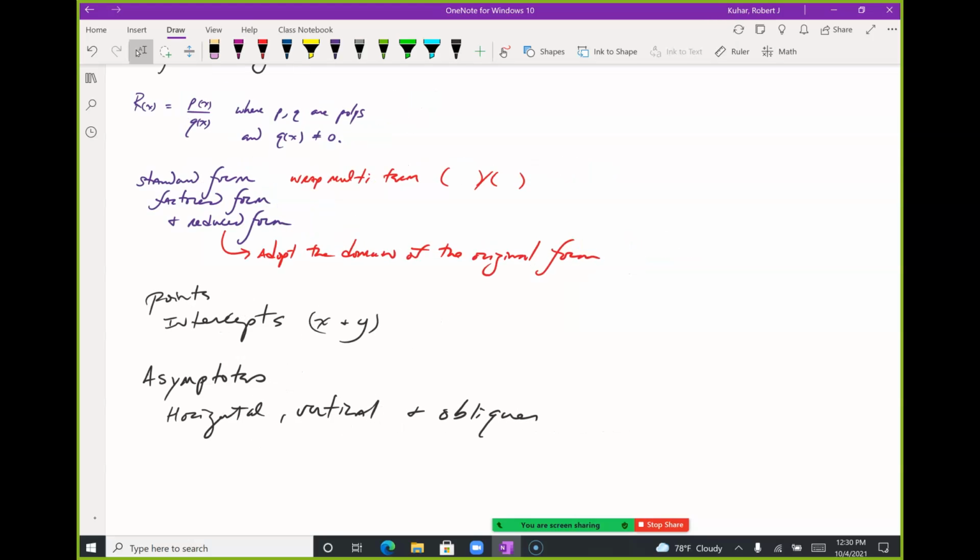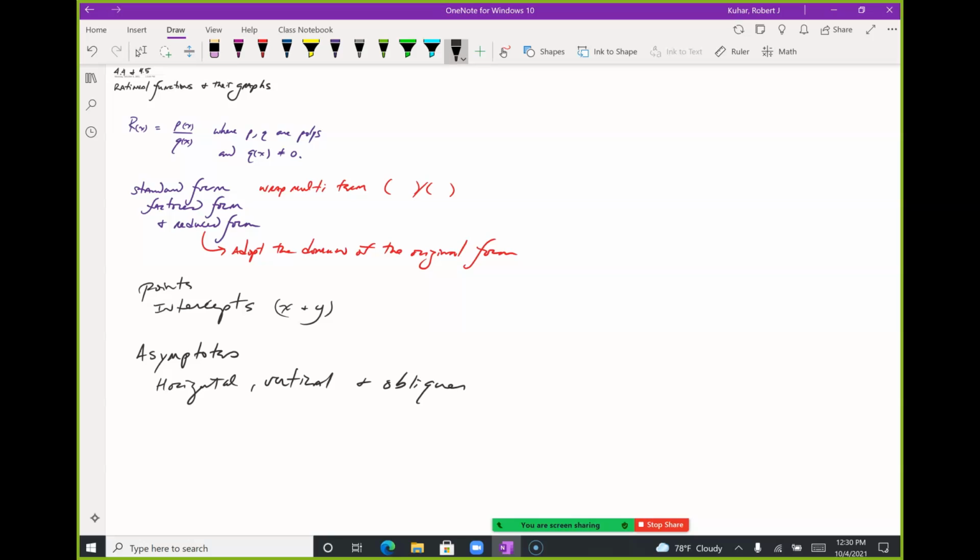I usually skip that, but I forgot to skip it. And that's all over the homework, so I'm just going to teach it to you instead of skip it. It's not a big deal in Calc 1. And how we get the obliques is we long divide or synthetic divide, which is what we just did, right? Anyway. What else do we need?